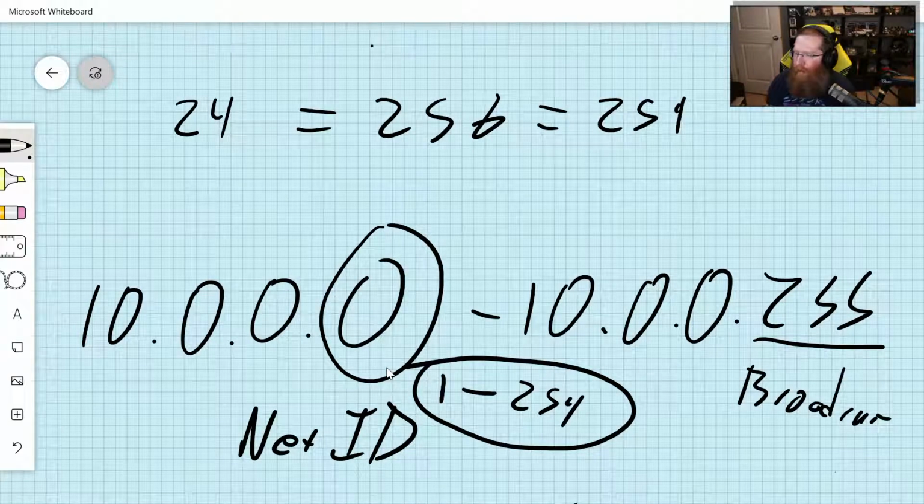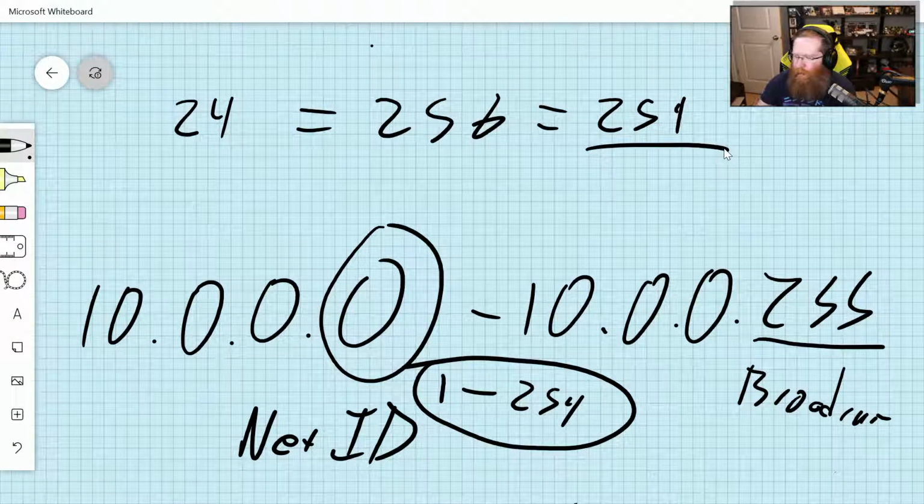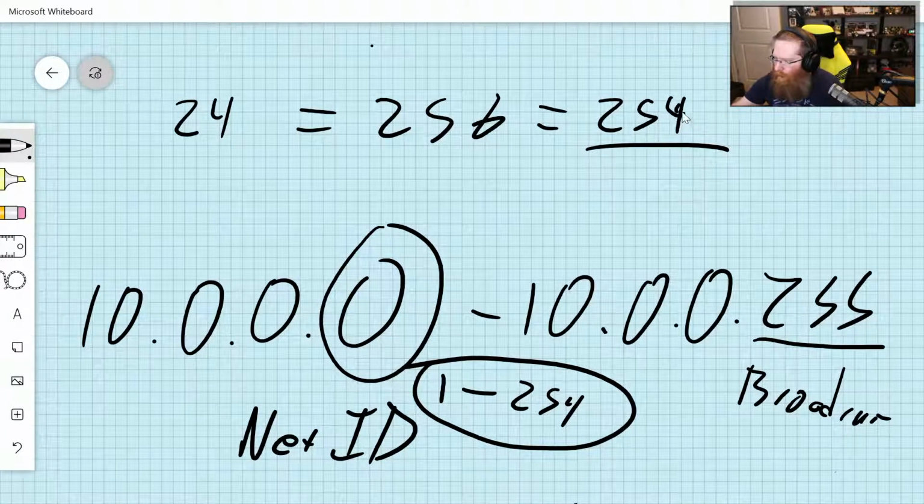Okay. So for use, we have everything between 1 and 254 available to us. So in this scenario, a /24 starts at 10.0.0.0 and ends at 10.0.0.255. That's 256 IP addresses in total. It has 254 usable IP addresses.